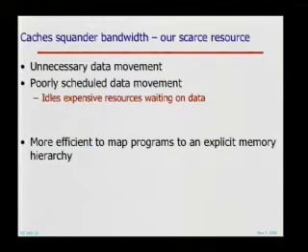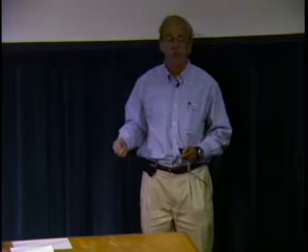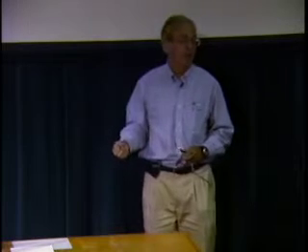They also don't hide latency well, because with a cache, you wait until you need something, and then you ask for it. If it's in the cache, great, I get it in one cycle. But if it's not in the cache, things are really, really bad. If it's not in the L1, it's 20 cycles to the L2. If it's not in the L2 or the L3, in a lot of modern processors, it's close to 1,000 cycles to DRAM.